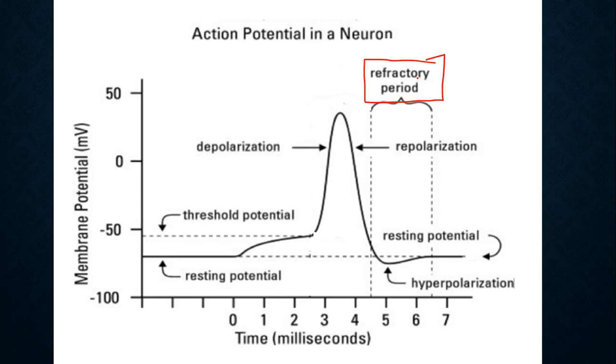During the refractory period, we cannot get another action potential, because the pumps are working. Any sodium that would come into the cell is immediately being pumped out, so we don't get another action potential. This is really important for today's lesson. We have to understand that for 2 milliseconds, a neuron cannot generate another action potential because it's in refractory.